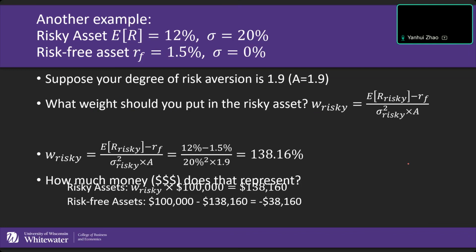The negative means that we borrow at the risk-free rate, okay? So the weight on risk-free equals 1 minus 138.16%, which equals negative 38.16%.